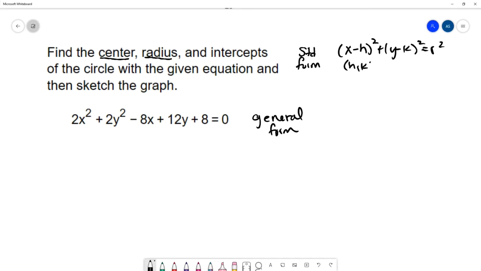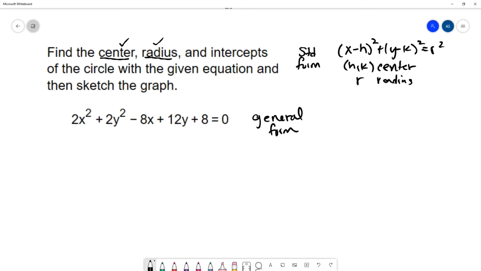And (h, k) is the center of the circle, and r is the radius of the circle. So what we're going to do is change the equation from general form to standard form so that we can answer these two parts, the center and the radius.